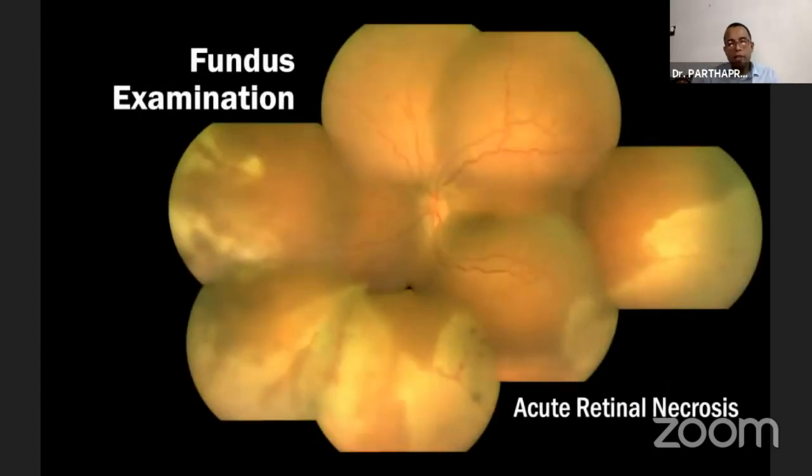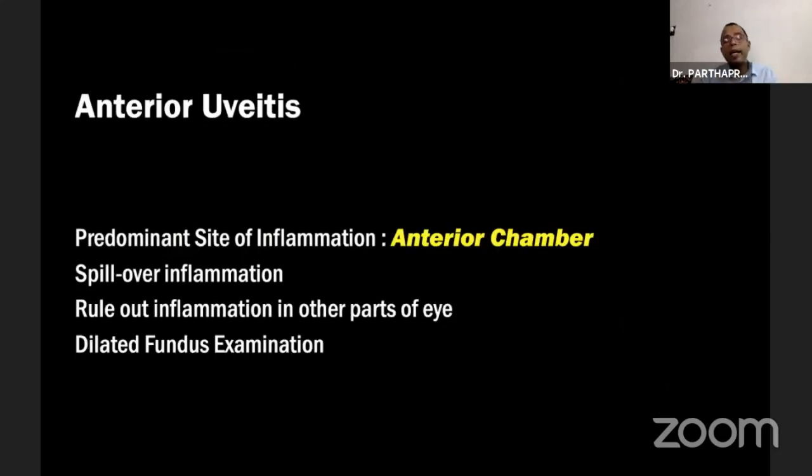It was a case of acute retinal necrosis, as you can make out from the confluent patches of retinitis 360-degree. So it's very important to dilate each eye and examine the periphery carefully, even if you are dealing with a case of anterior uveitis. Until and unless you examine the periphery, you can't make out that you are dealing with such a dreaded disease.